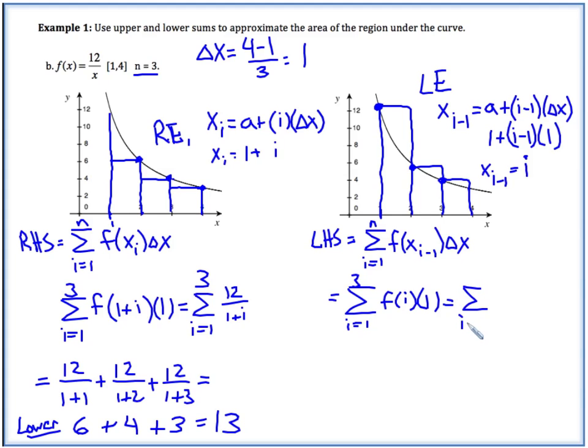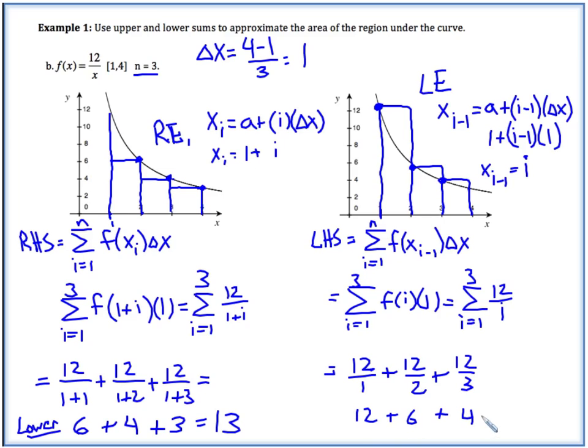And then let's substitute i into our function. So this is going to be the sum of i equals 1 to 3 of 12 over i times 1, and so we can just leave it there. All right, and that sum's going to be easy enough to calculate by hand, so we'll just do it that way. 12 over 1 plus 12 over 2 plus 12 over 3, and so we get 12 plus 6 plus 4, and that is 22.